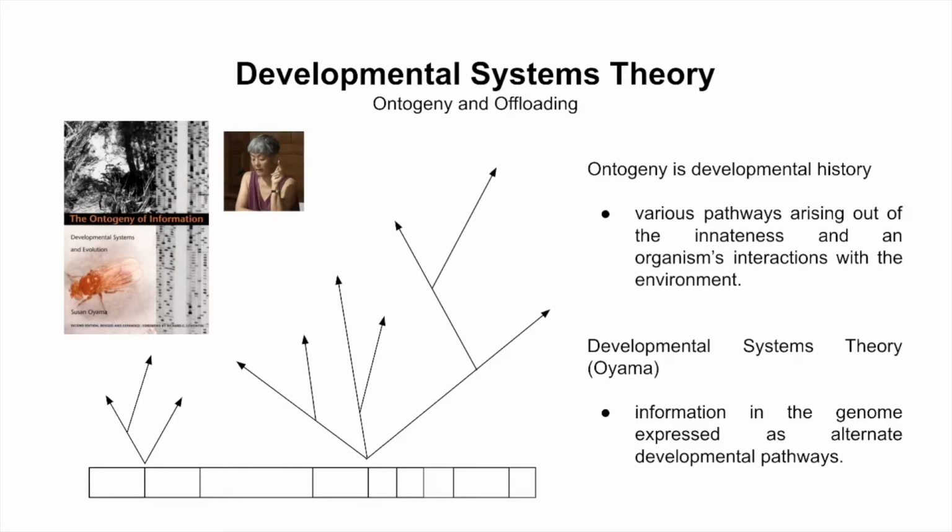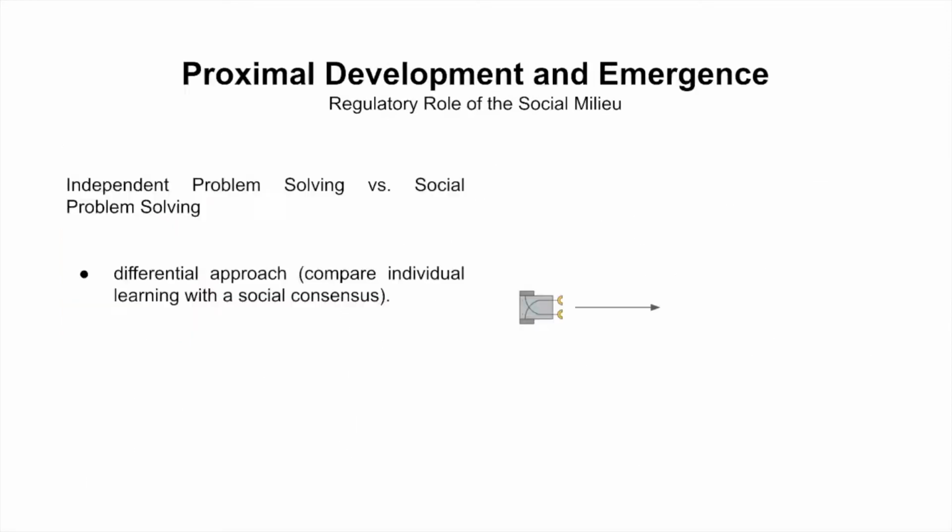As you can see here at the left in this diagram, there are various pathways that arise out of this innateness, and they're based on the organism's interactions with the environment. Developmental systems theory puts that in a deeper context in saying that the information in the genome is expressed as alternate developmental pathways.